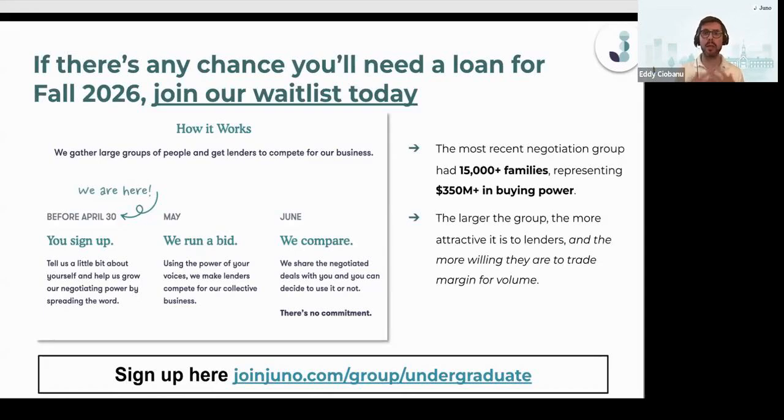And so when we have more families involved, then that catches more interest from the lenders, and they're willing to trade margin for volume. They want to win the collective business of the entire Juno group. And so we run an auction in May, in this late springtime. And from there, we compare the offers and make the best offers available to Juno families.